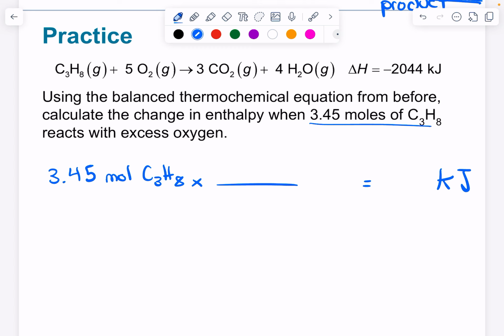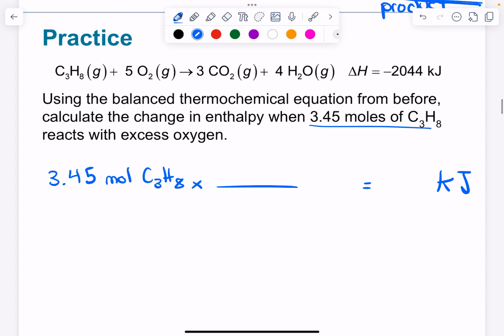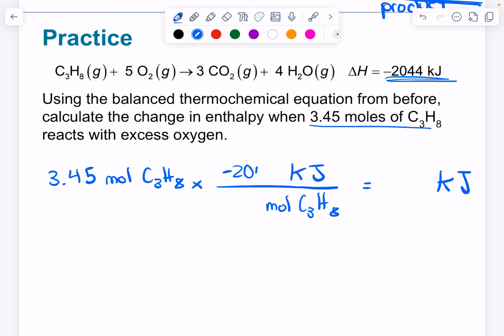Okay, in this instance, I'm going to show you that you can do it like a conversion factor as well, just in case it gets more complicated. This is a better way to approach it. Set up the units so that they cancel, and then we look up here and say negative 2,044 for every 1 mole of propane.